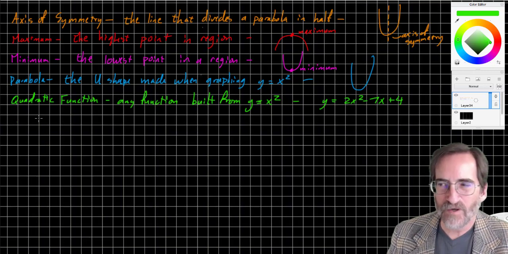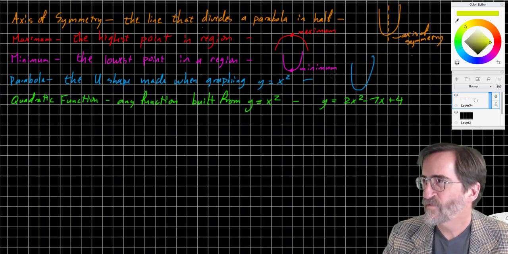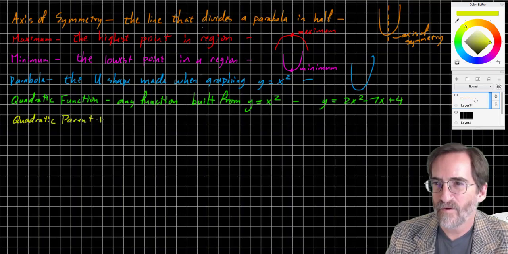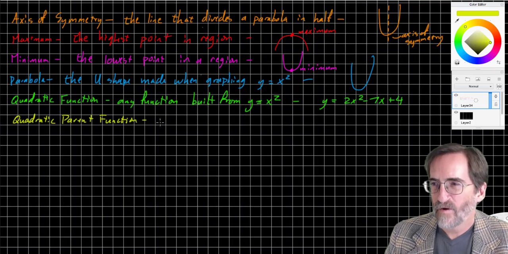Quadratic parent function. y equals x squared.